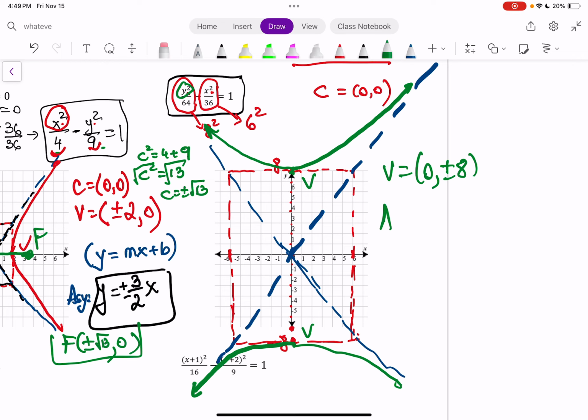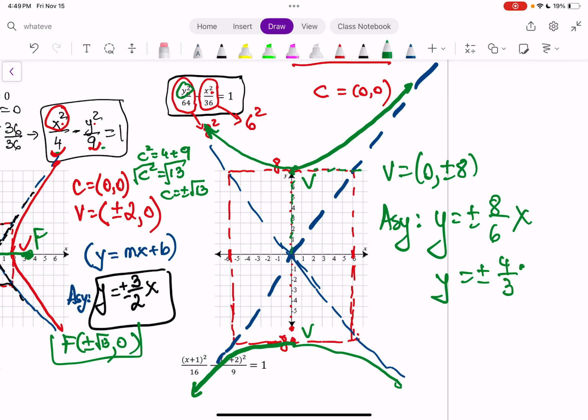The asymptotes have equations y equals plus or minus 8 units up, 6 units to the right, x. This, of course, reduces to plus or minus 4/3 x. Okay, and again, the b is 0 for all of these.